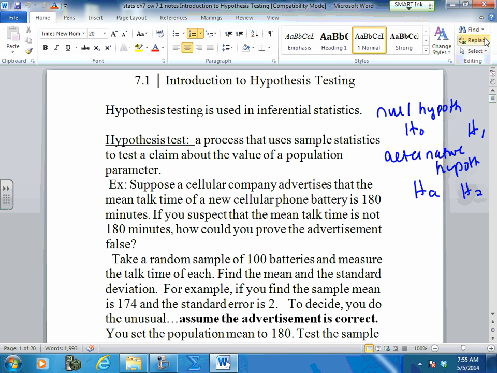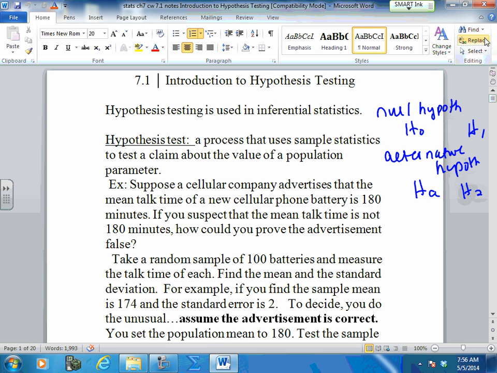So, for instance, to test the mean talk time of a cellular phone battery, your mean from your population is 180 minutes. You took a sample of 100 batteries and you measured the talk time. Then you take the mean of that sample and suppose it's 174 minutes with a standard deviation of 20. So you have to decide.